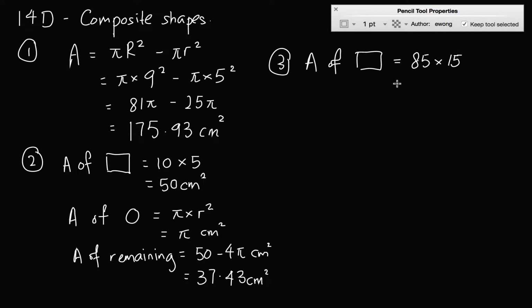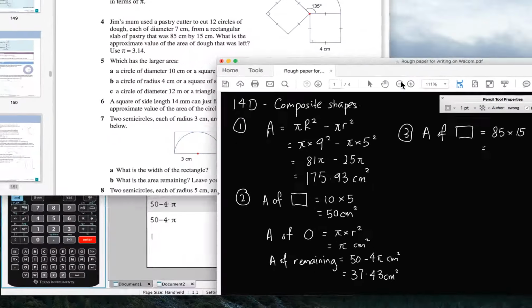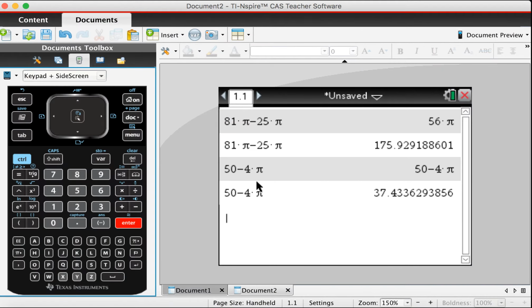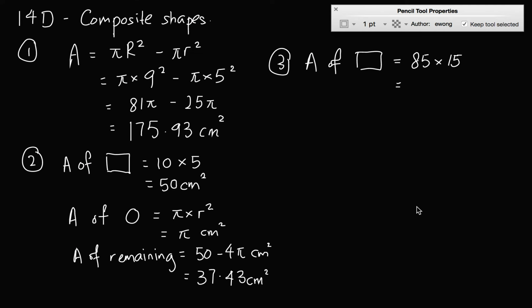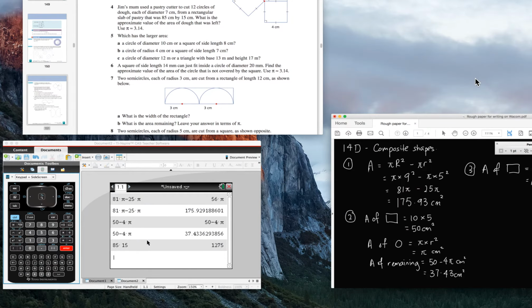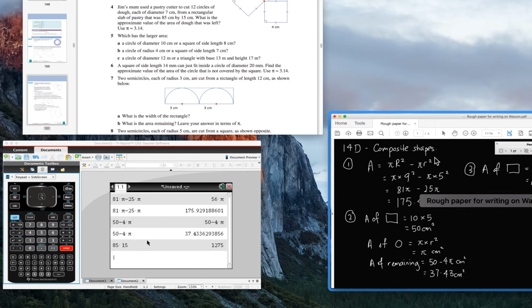Now you can do this by hand or using the calculator, because calculators are allowed in the test. So 85 times 15, and we will have 1275, which I'll write here in my answers. Now don't forget your units, it's in centimeters squared for area.